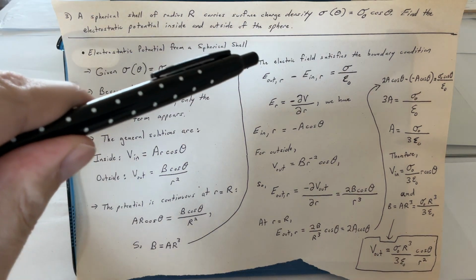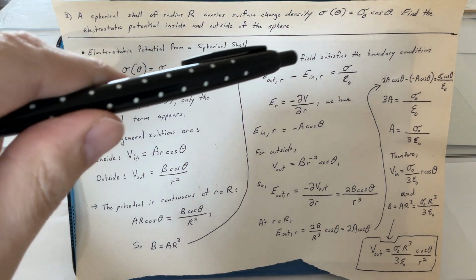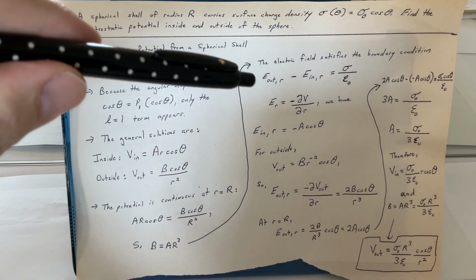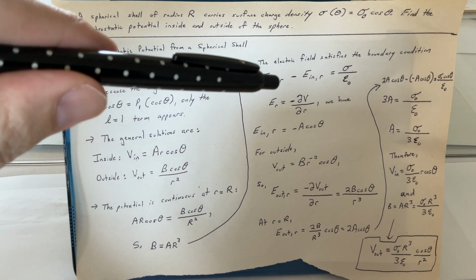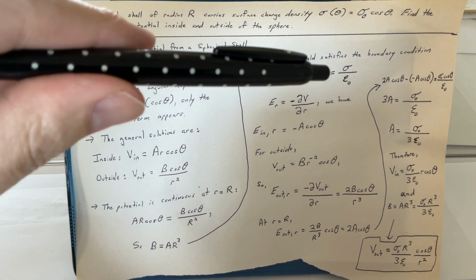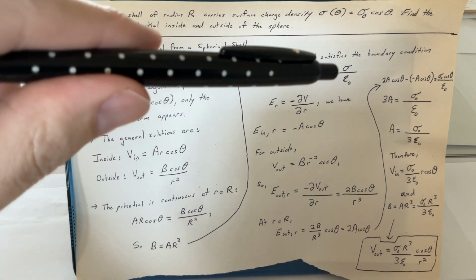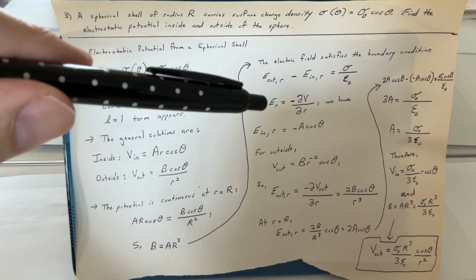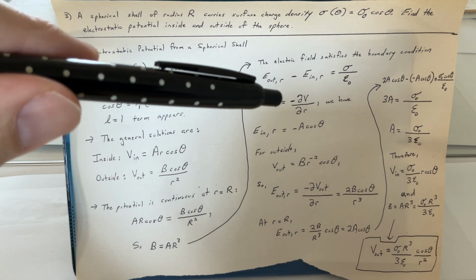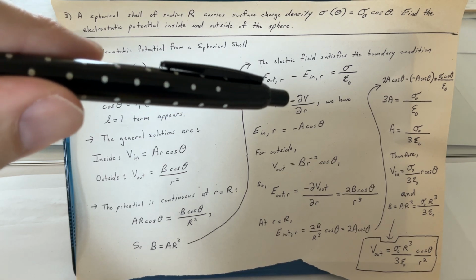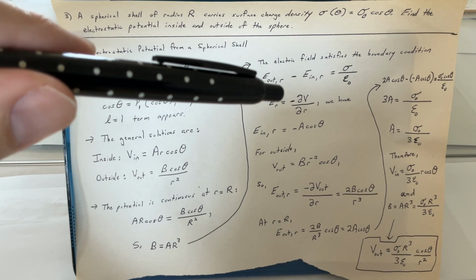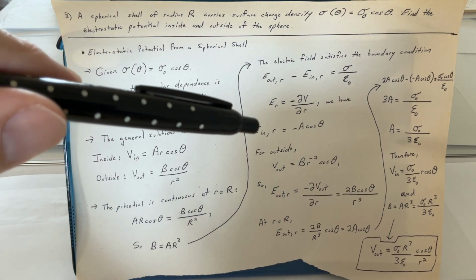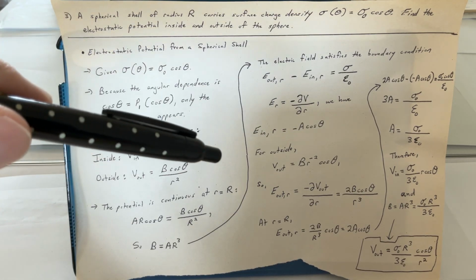Moving along, the electric field is going to satisfy the boundary conditions: E sub out r minus E sub in r equals our condition here. E sub r is the negative partial derivative of V with respect to r, where E sub in r equals negative A cosine theta.